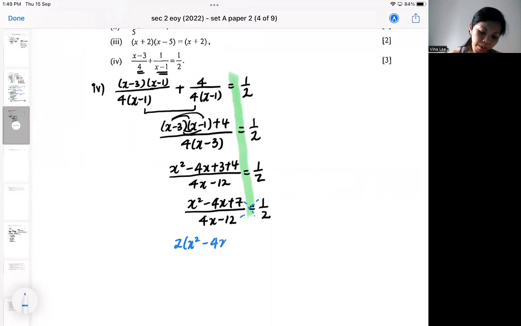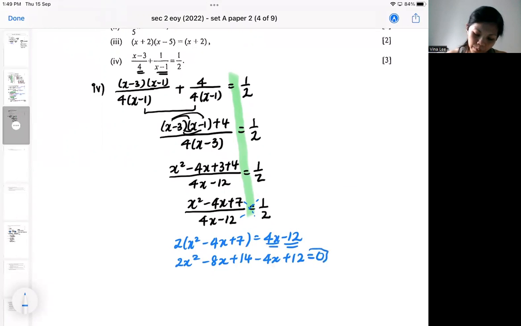And when you cross multiply, you should realize that you are getting another quadratic equation. So you should focus on bringing the 4x over, the minus 12 over.